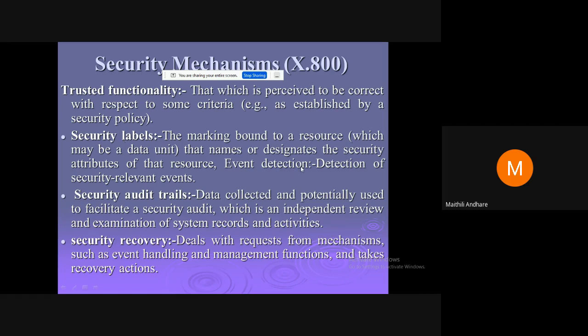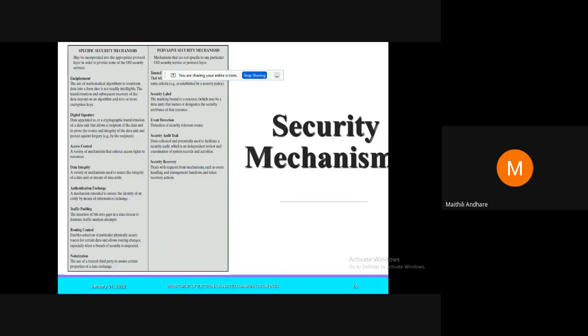We are detecting events, whether the event is normal or the attacker is malfunctioning. We are doing the audit for security so as to review or examine the system. And lastly, if there is a loss of data, how to recover the data from the system comes under the security recovery part. So these are the security mechanisms.